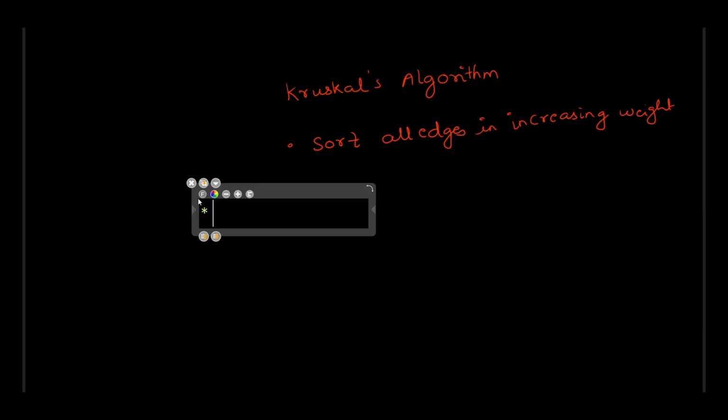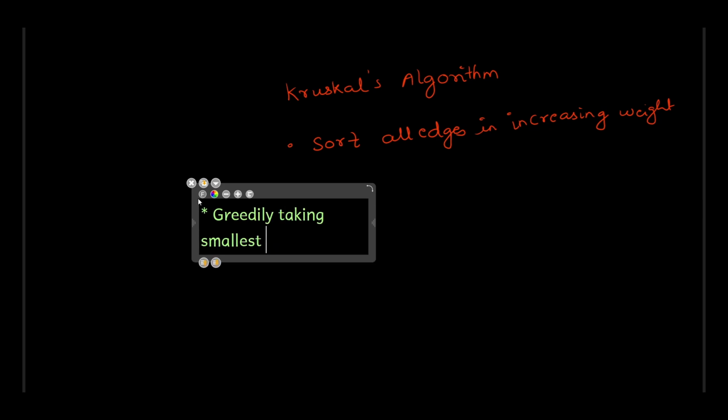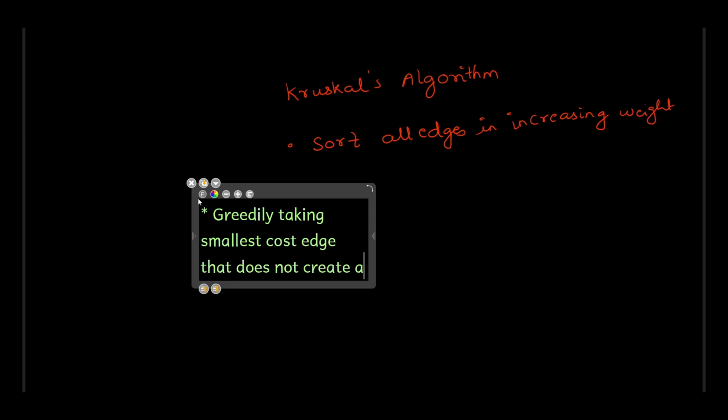Kruskal's algorithm says that greedily taking the smallest cost edge that does not create a cycle will give you the MST.